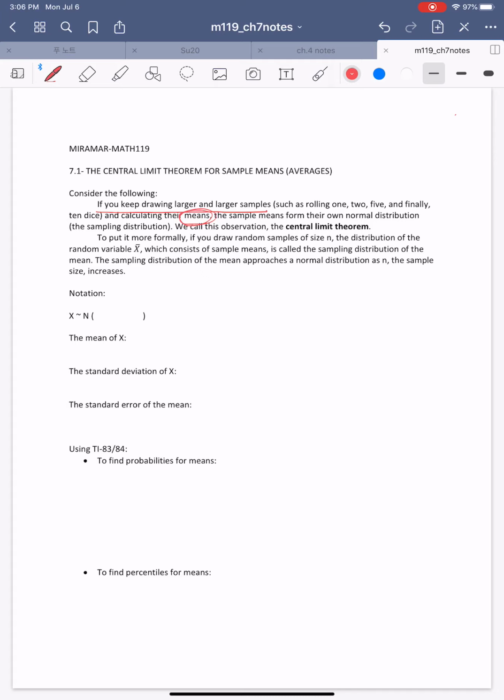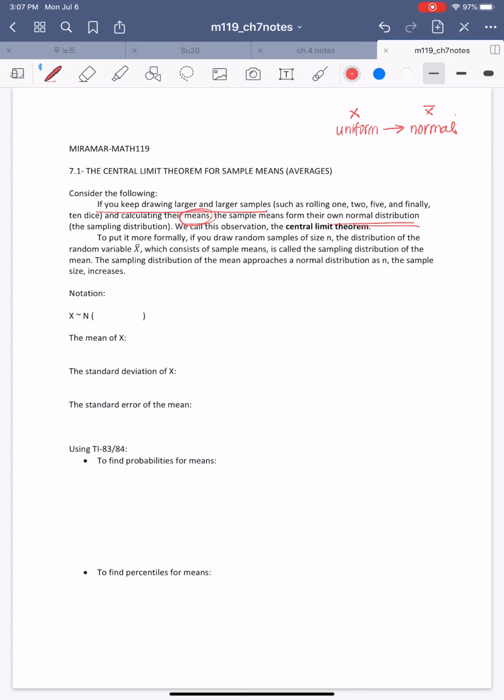And then constructed the frequency table and then histogram. What happened to that histogram as we increase the sample size? The distribution of our mean became a normal distribution. We had a uniform to begin, and then we went to a normal, right? So your x was a uniform distribution, but x bar is a normal.